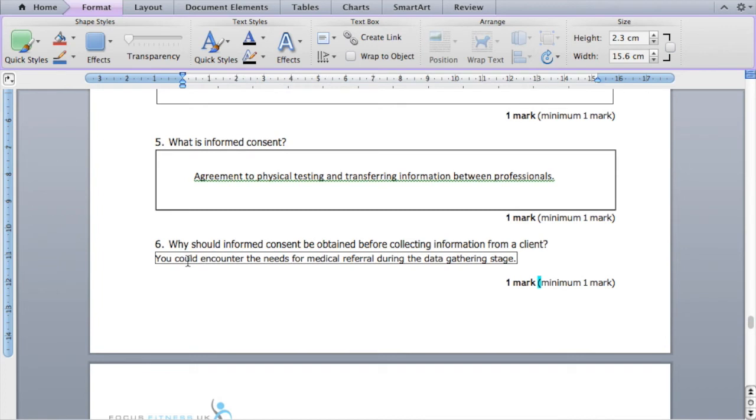Well, if I didn't complete informed consent, and maybe I took my client's blood pressure and my client had stage 2 hypertension, I would need to refer the client to a medical professional. Now, I wouldn't be able to do that unless the client had agreed to that referral procedure, which is part of the informed consent contract. So here I've put you could encounter the needs for medical referral during the data gathering stage.